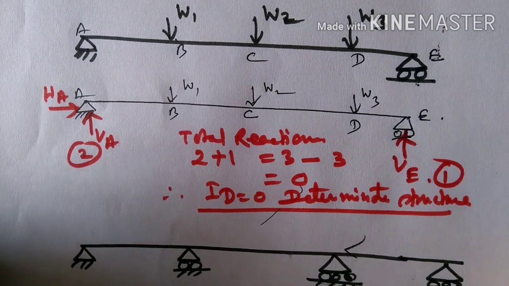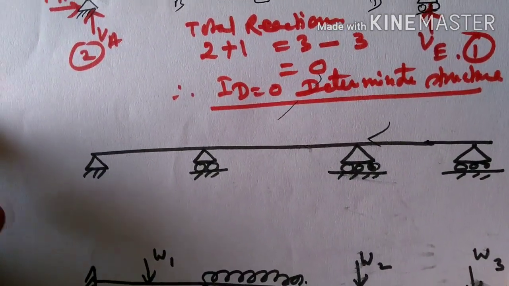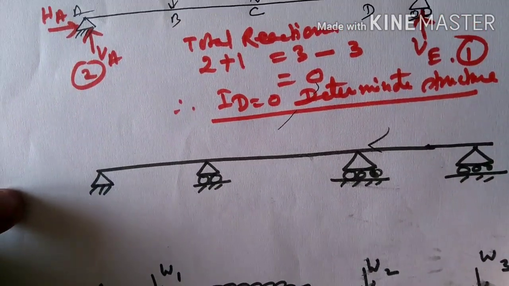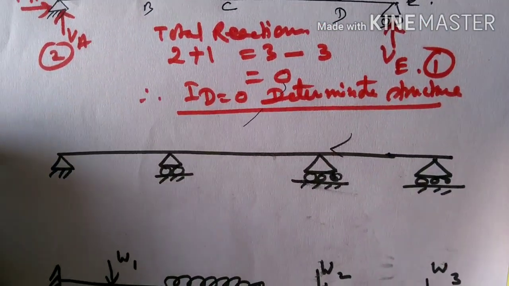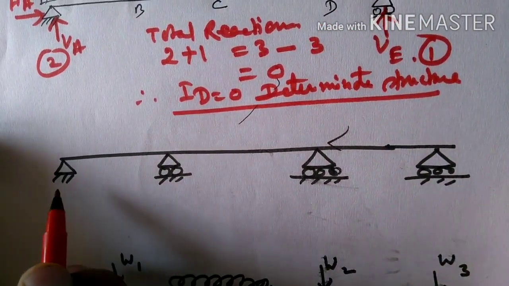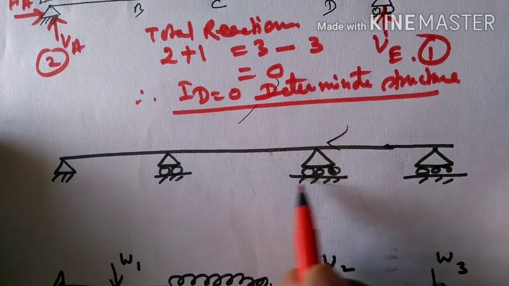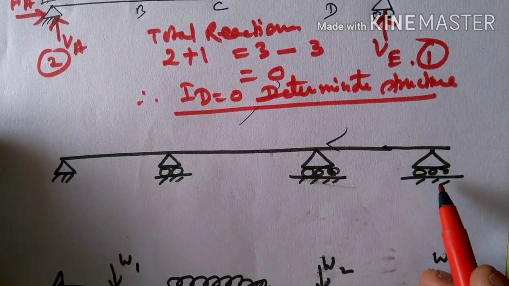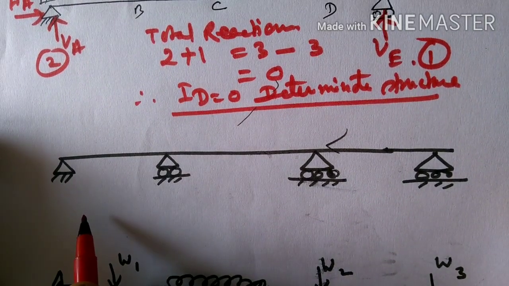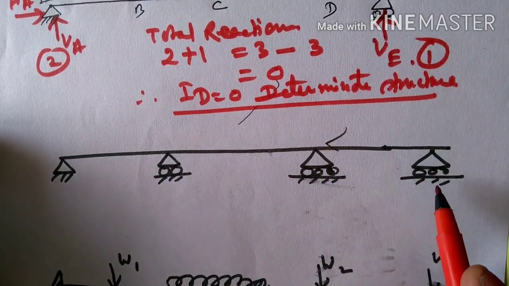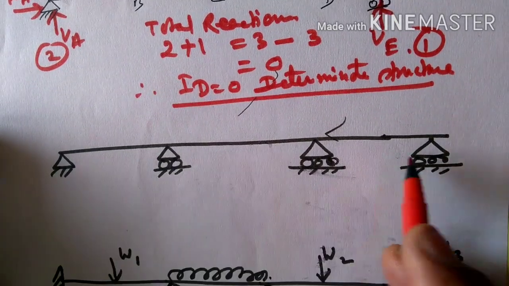Now friend, let us see another example quickly. This is one example. Another example, see here. This is the hinge support, and this is roller support. This is roller support. Again, this is roller support. Just do the free body diagram yourself. I am marking the reactions on these structures.